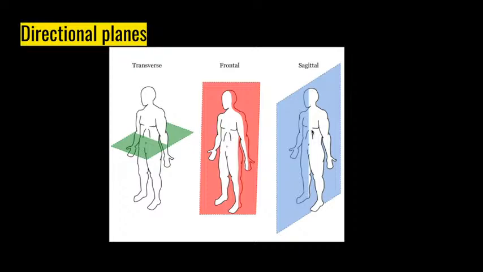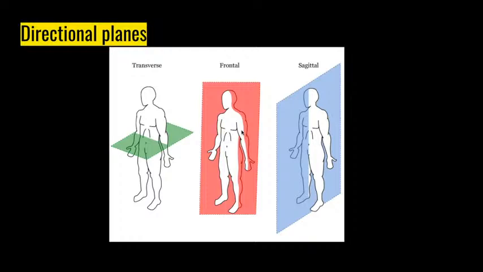Not all sagittal planes are cut down right in the middle. They can cut into any body part, but mid-sagittal planes cut straight down the middle, cutting the body into equal halves. Next, perpendicular to the sagittal plane is the frontal plane. It's in the middle figure right here.